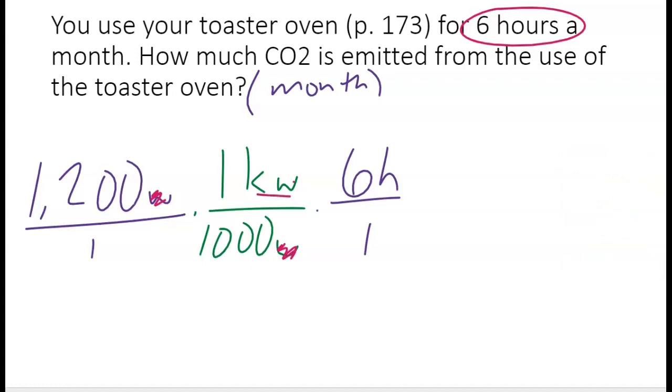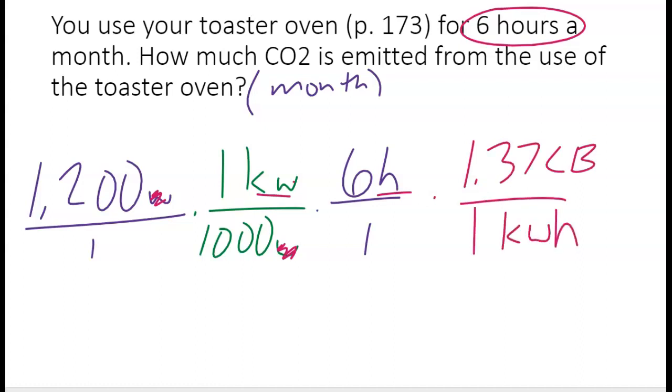Now that I have kilowatt hours, I can use the 1.37 pounds of CO2 per 1 kilowatt hour. Because remember, the idea is how much CO2 is emitted. So we want to use that 1.37 pounds to 1 kilowatt hour.